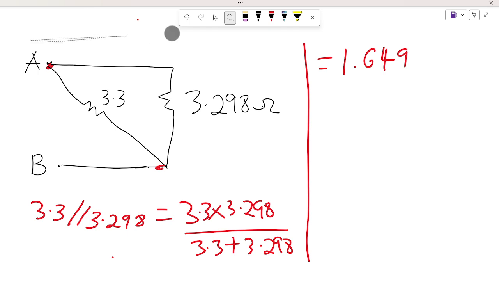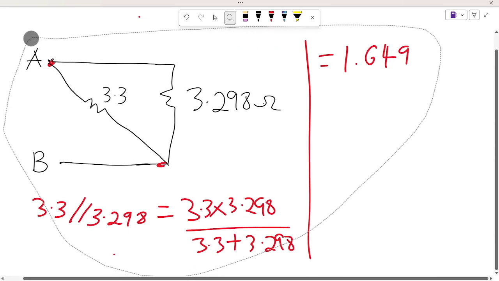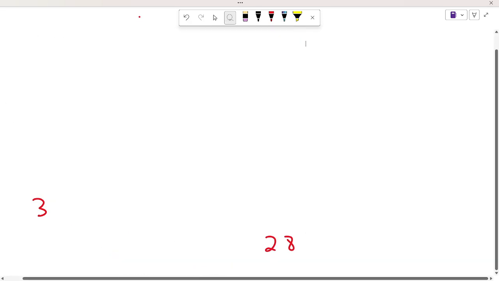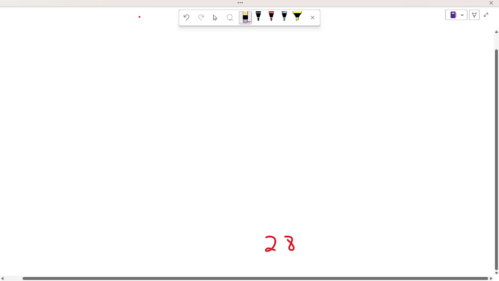Okay, so our next question is going to be on the star delta transformation, so that we can apply what we learned. So this is our circuit.